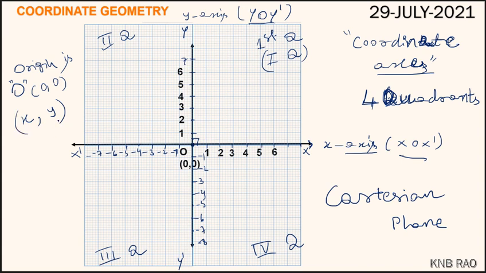Here the x coordinate is specially called abscissa, spelled A-B-S-C-I-S-S-A, with one S only here, abscissa, and the y coordinate is called ordinate.